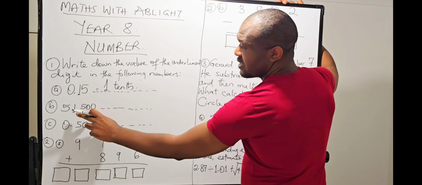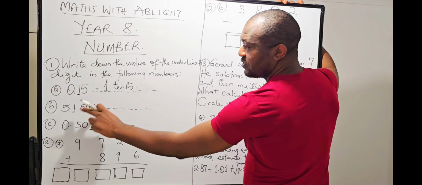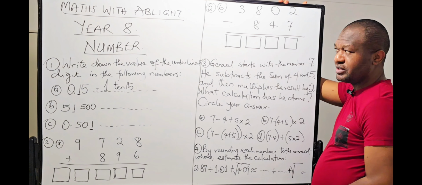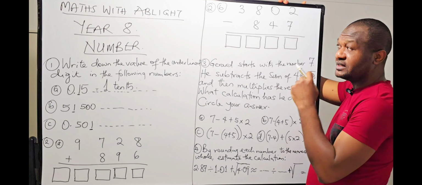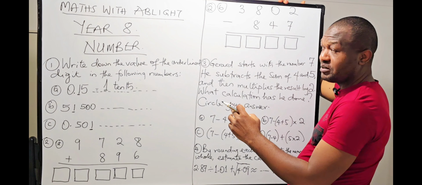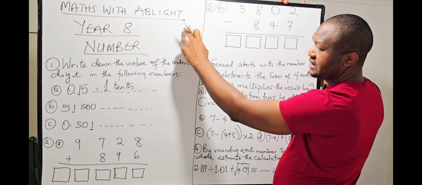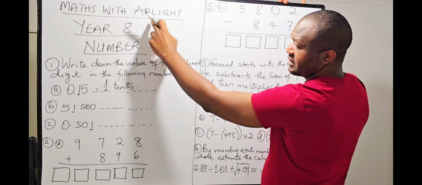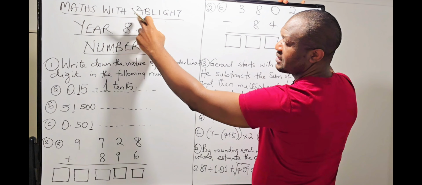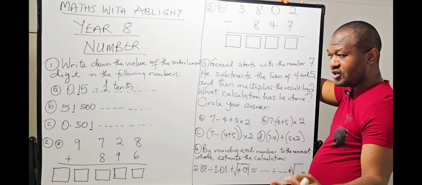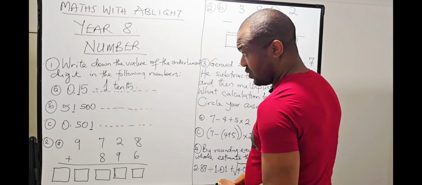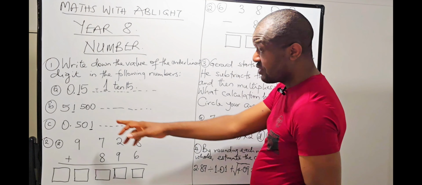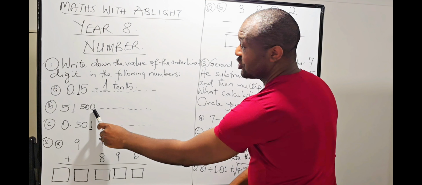The next one is 1 in 51,500. Remember what I just explained. When it has no decimal point, you start from unit, tens, hundreds, tens of thousands, hundreds of thousands, and all of that. Now, see what you've got there. There is no decimal point. So this is your unit.